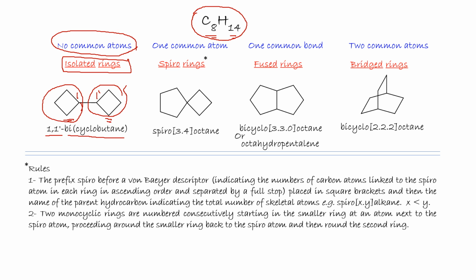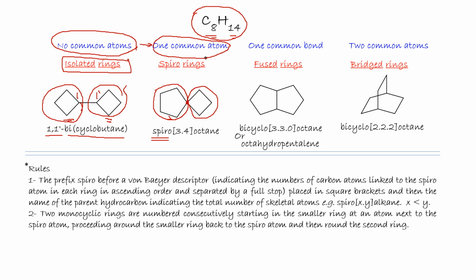We can draw 1 common atom, and we call it spiro. That will be a 4-member ring here and a 5-member ring here with 1 carbon in common. We write spiro first.